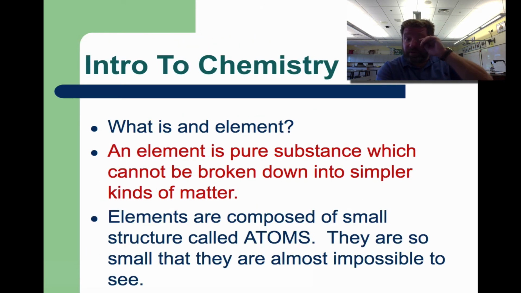So what's an element? An element is a pure substance. So on the periodic table, once again, there are 94 naturally occurring elements with about 15 to 20 after number 94 that are all man-made. These elements cannot be broken down into simpler kinds of matter. It is a true statement, but there are some differences to that.